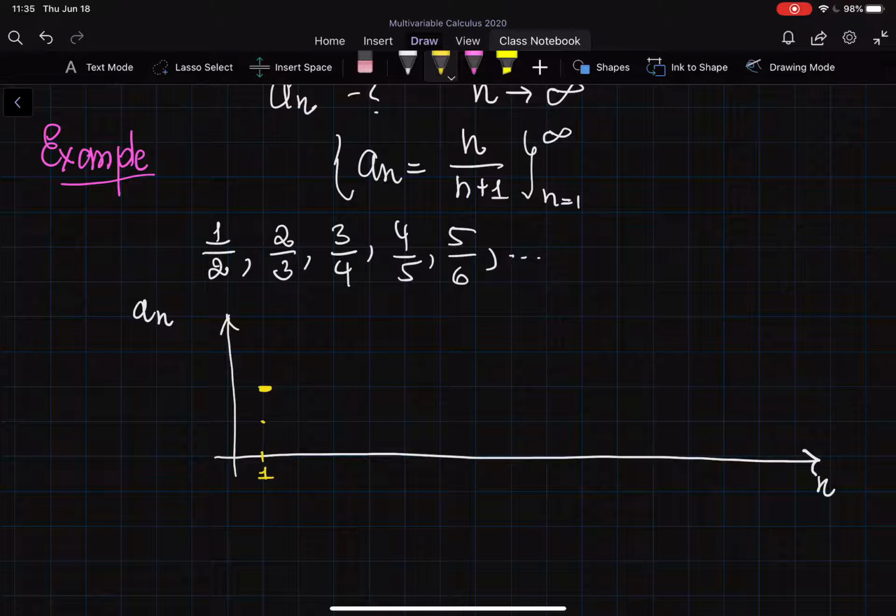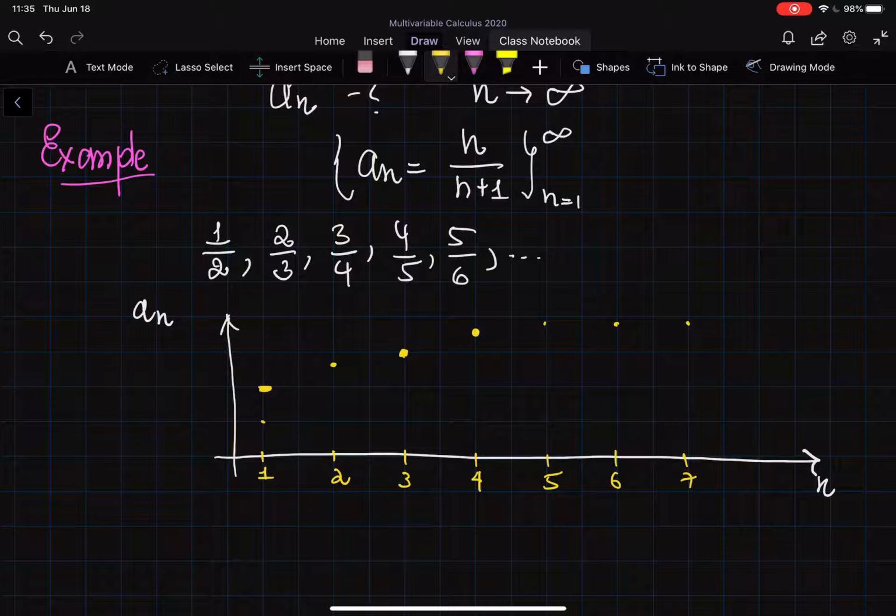When n is equal to 2, its value is 2 over 3, which is 0.66, right? So it's somewhere here probably. When n is equal to 3, it's 0.75, so it's here. When n is equal to 4, it's 0.8 or something like this, so it's going to be here. When it's 5, it's going to be here. When it's 6, it's here. 7, here, and so on.